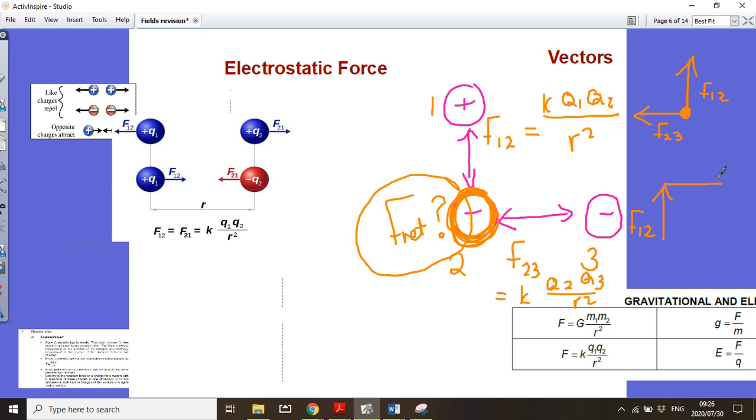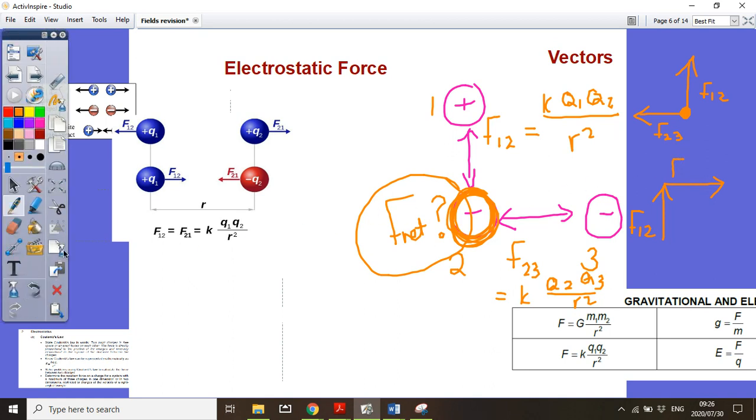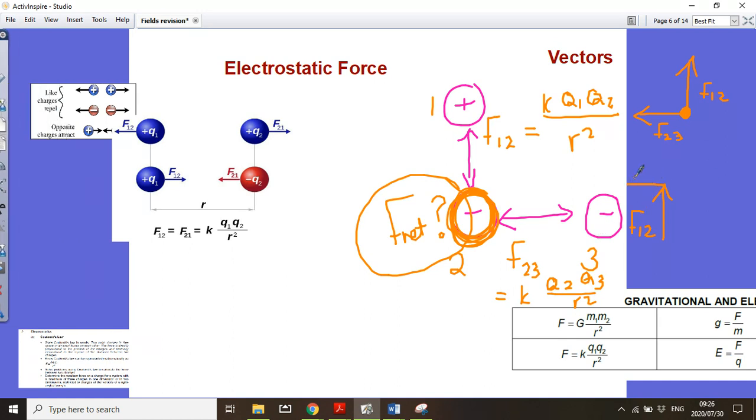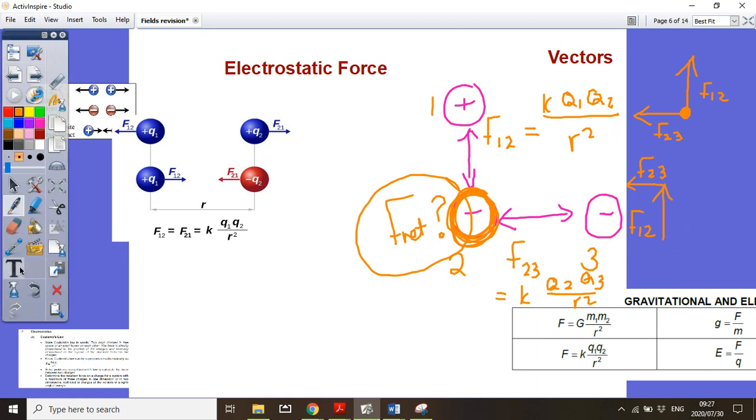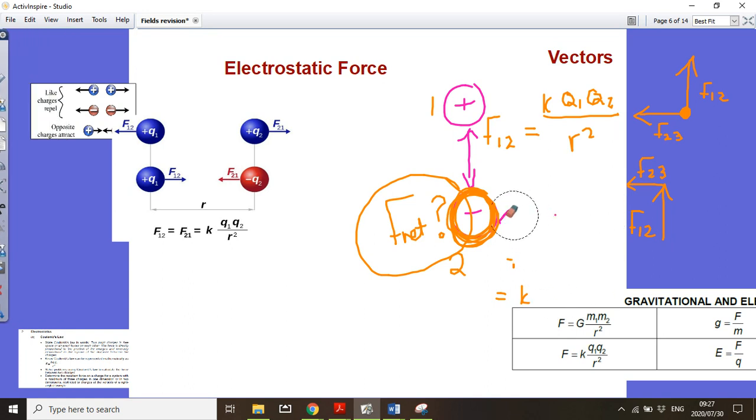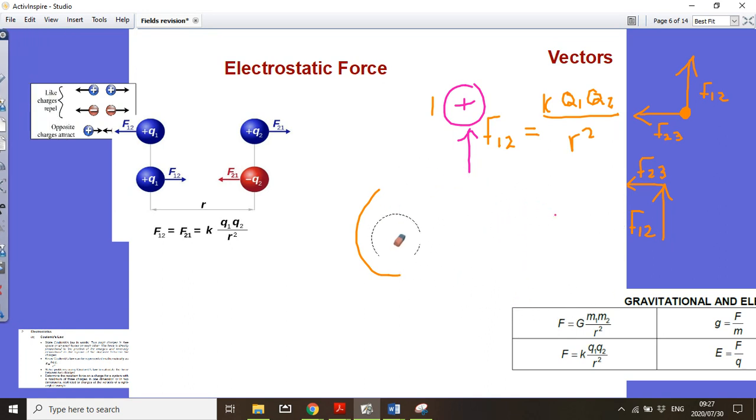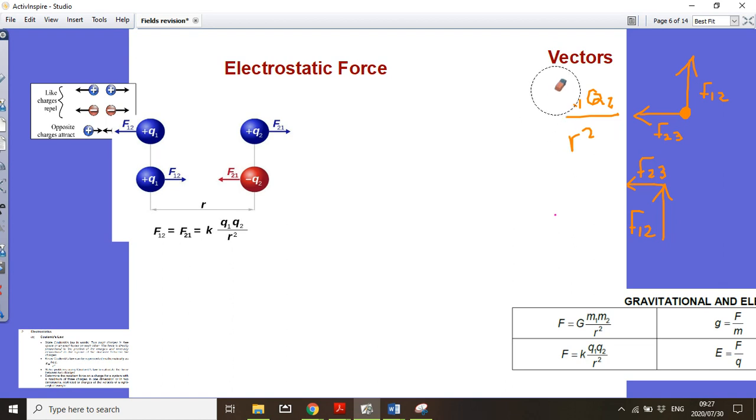Then there is, remember, head to tail. What am I doing? That's not going that way. There's a F23 acting in this direction, but you draw them one after the other. It doesn't matter which one comes first. And then once you have them like that, I can now get my F net acting on that object.